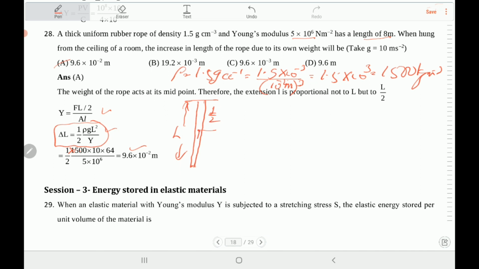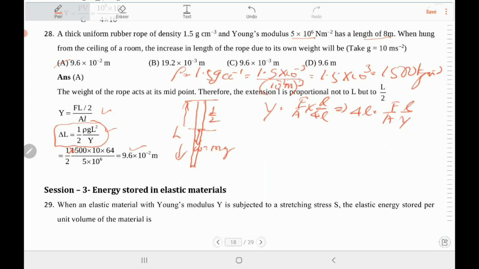So weight W acts down over this half length, and that is equal to mg. Now you want to find the Young's modulus, that is F divided by A into L by delta L. You want to find the extension, that is delta L, equal to F divided by A, L by Y.